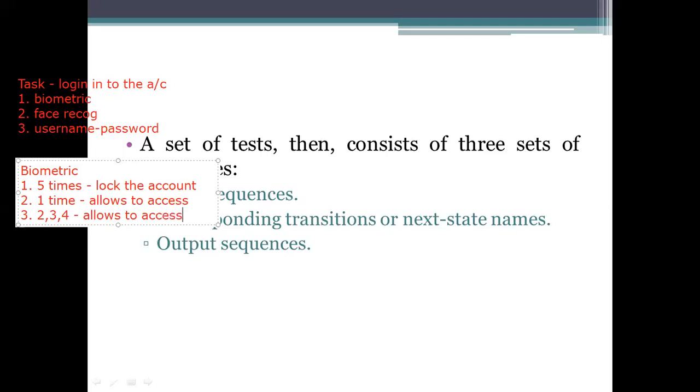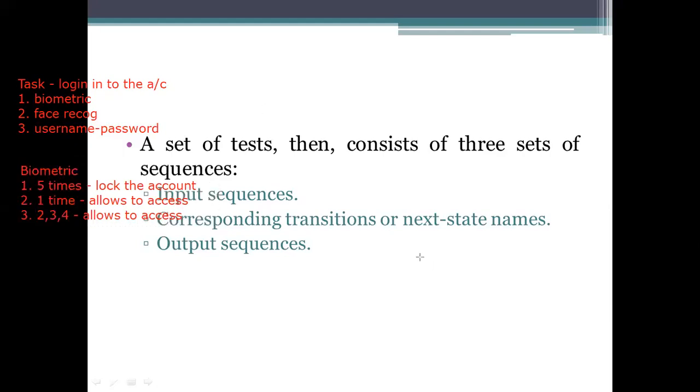In these cases it is also allowing access, but here the representation changes. We need to represent how many times we are processing this.